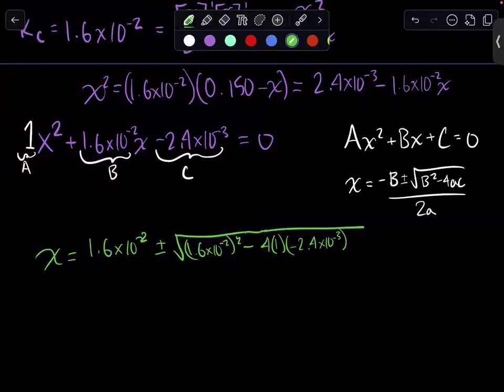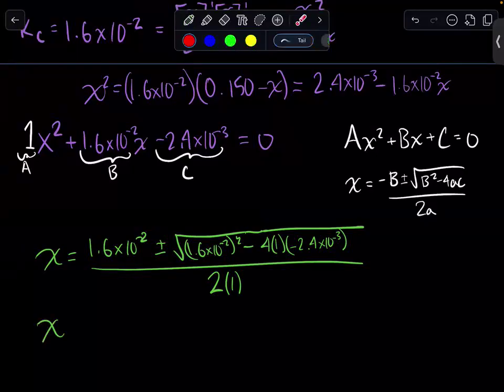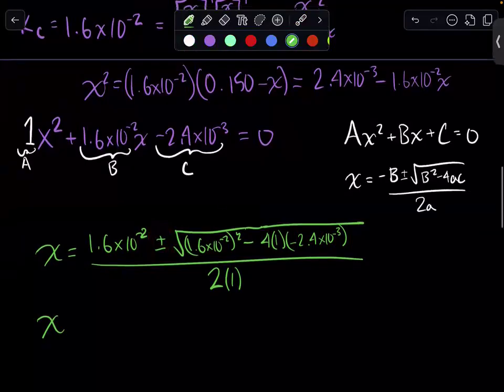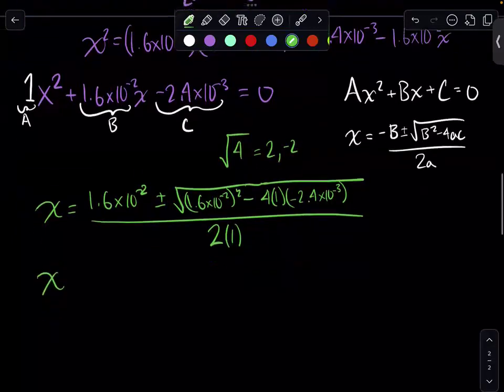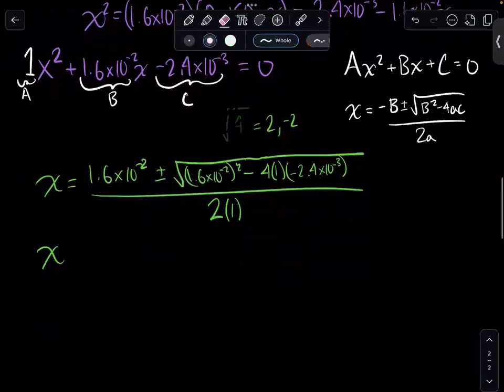So those negatives will cancel out. And we'll divide the whole thing by 2, because once again, a is 1. When I plug this into my calculator, remember that when you have a square root, the square root of 4 is 2 or negative 2. They're both answers, so we always have to do plus or minus, but that is beside the point.